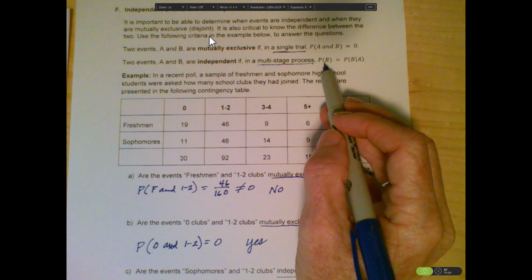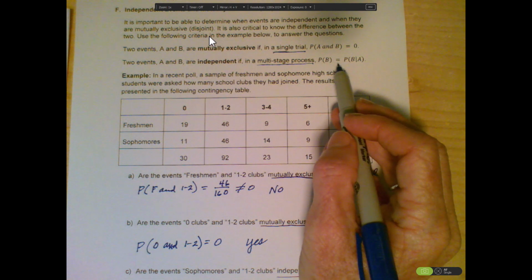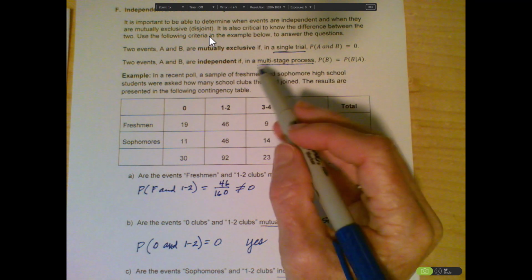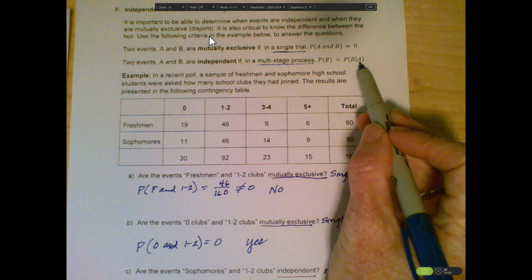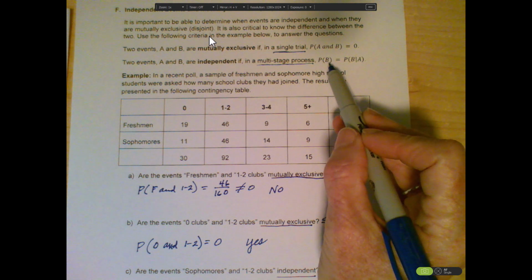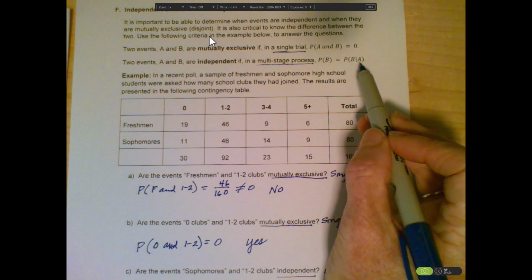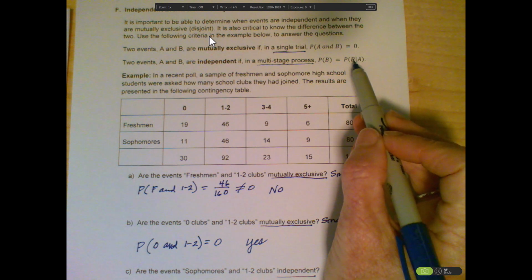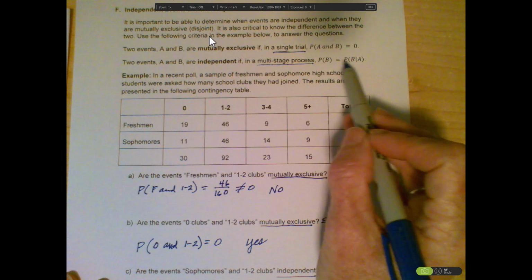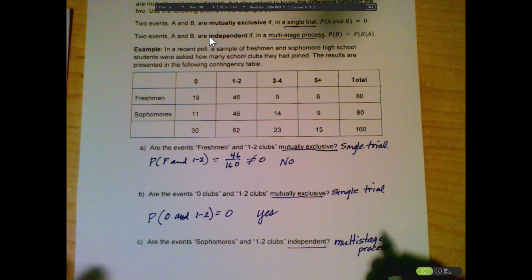So for multi-stage, we're going to check to see if the probability of B is equal to the probability of B given A. In other words, they're independent if it doesn't matter that A happened. The probability of B is still the probability of B. You know, if A happened, but with replacement, if you put back whatever A took, for example, then you still have the probability of B being the same. So that's what we're going to check now.